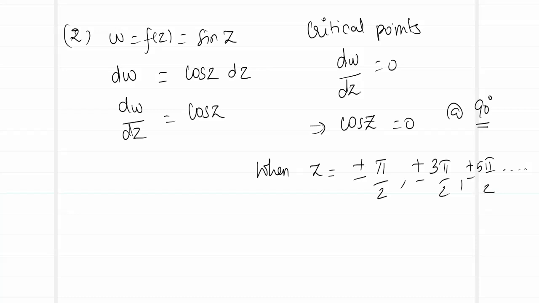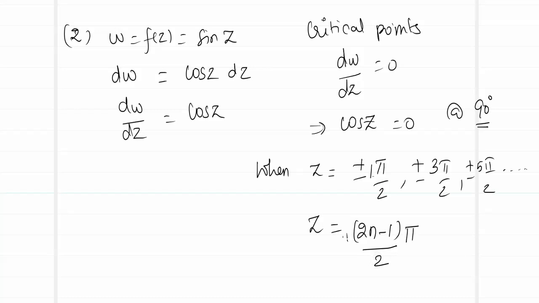So in general, I can write these points in the format 2n minus 1. How do we generate the odd numbers 1, 3, 5 and so on? They are going to be 2n minus 1. Put n as 1: 2 into 1 minus 1 is 1. Put n as 2: 2 twos are 4 minus 1 is 3. Put n as 3: 3 twos are 6 minus 1 is 5. So you have 2n minus 1 to generate the odd numbers, divided by 2, with a pi.